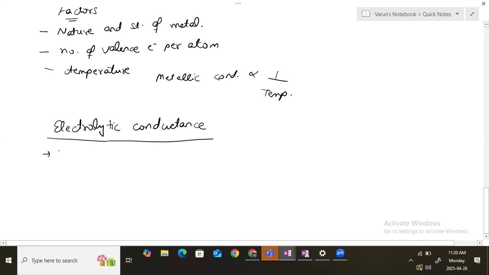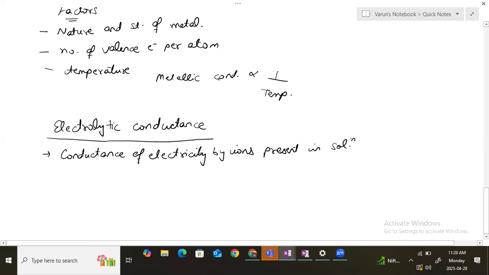Electrolytic conductance is the conductance of electricity by ions. Got it? Electrolytic conductance is also called ionic conductance due to the presence of ions.